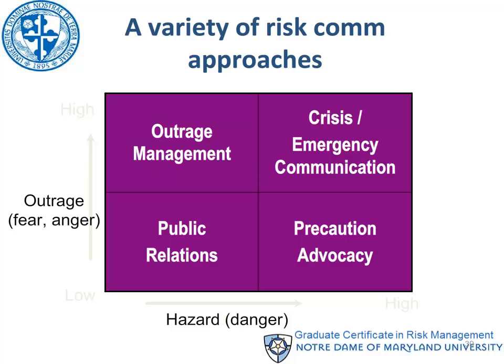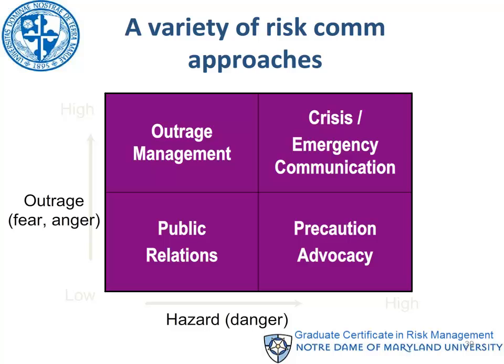It's important to understand that these different perceptions of risk lead to different risk communication approaches. The level of hazard and the level of outrage determine the risk communication approach. So notice the horizontal axis goes from low hazard to high hazard.